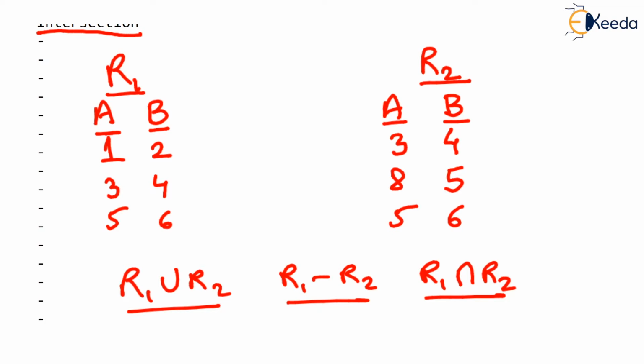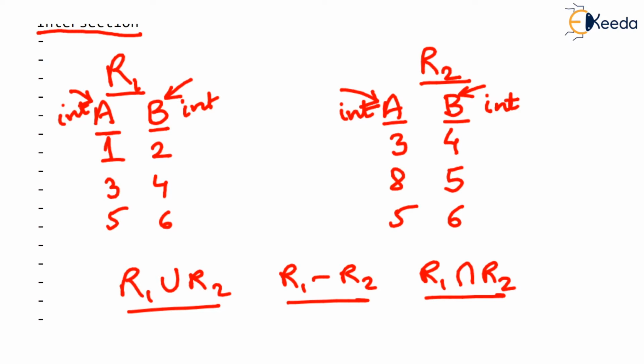So R1 has two columns, R2 also has two columns, and the names are the same. The second thing is that the domain of A in R1 should be the same as the domain of A in R2. The domain of B in R1 should be the same as the domain of B in R2. So if A is of integer type, then A in R2 must be of integer type. If B is of integer type in R1, then R2 must have B as integer type. Whatever it is, if B was character type, then B in R2 should be character type. The domains also must match.